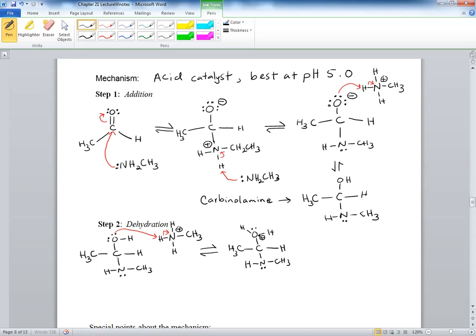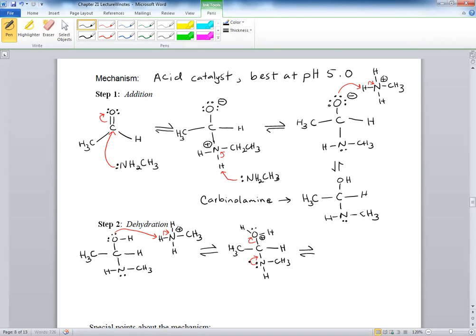very well. So now this is a good leaving group. The water is a good leaving group. So those electrons are going to, let me just redraw this slightly here so we can put the lone pairs above that bond. So what's going to happen is that these electrons are going to come down and then the water leaves.